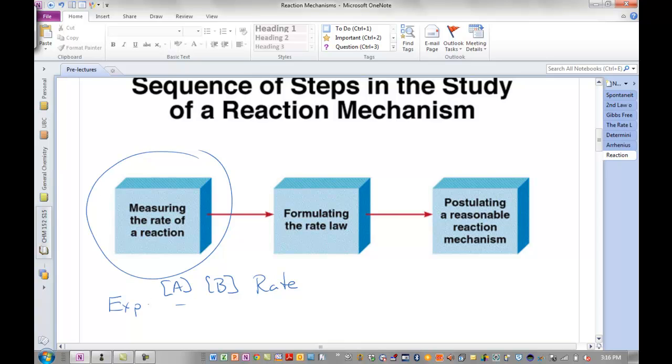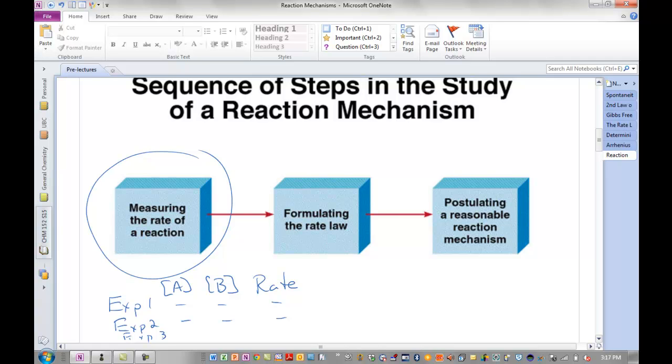So that would be data for our first experiment. Remember, we have a data table. And then we run a second trial. We change the concentrations, we see how the rate changes. We might run a third trial and so on.